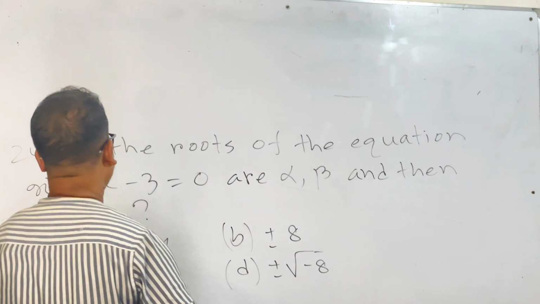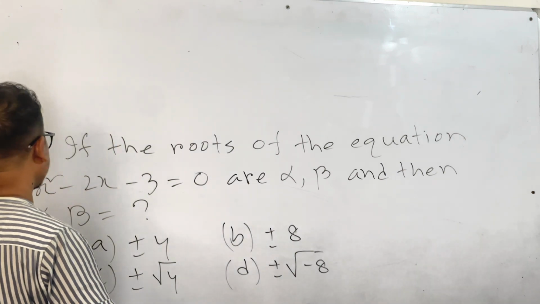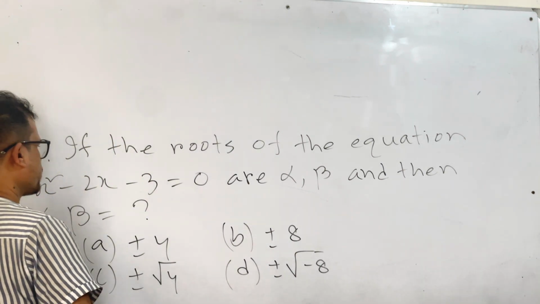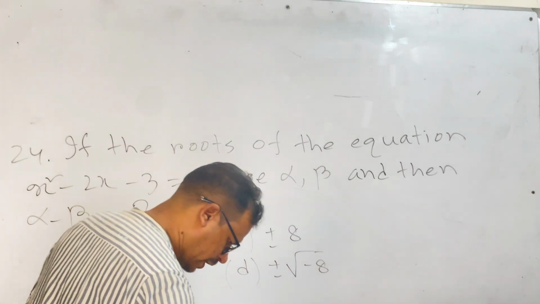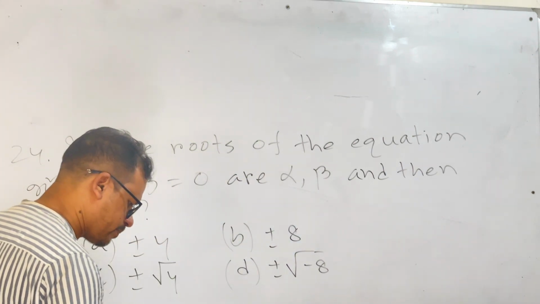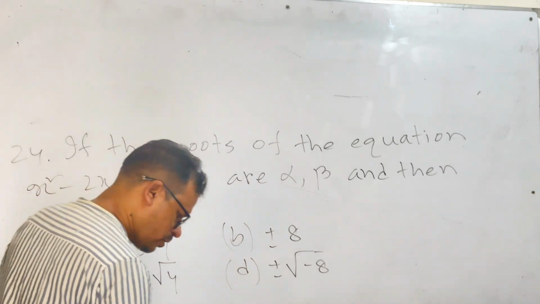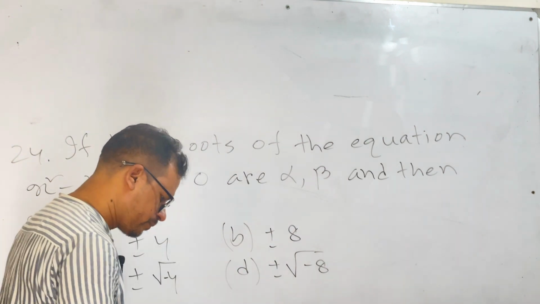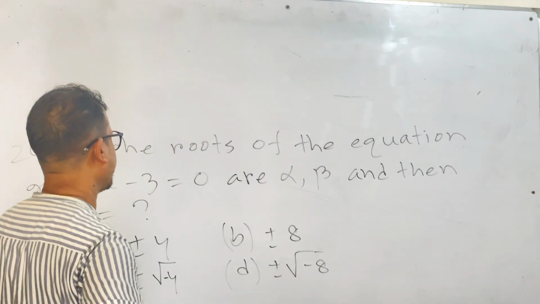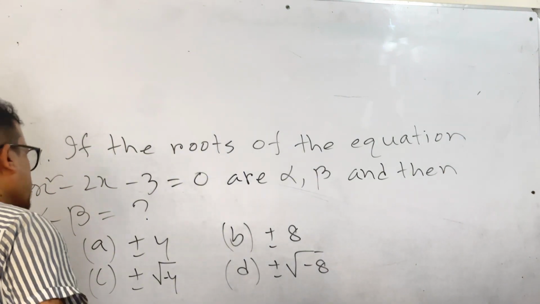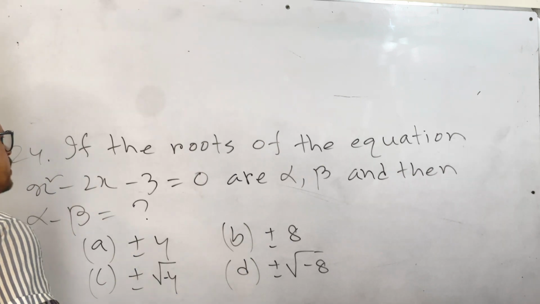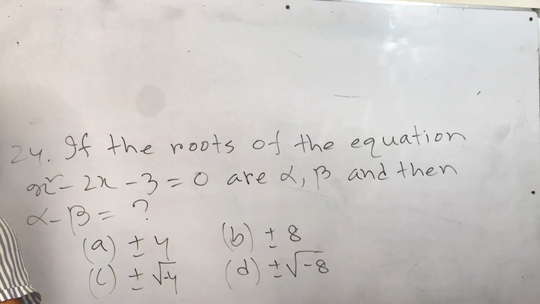If the roots of the equation x square minus 2x minus 3 equal to 0 are alpha and beta, then alpha minus beta, what? We have to find that out, for the given equation x square minus 2x minus 3 equal to 0.